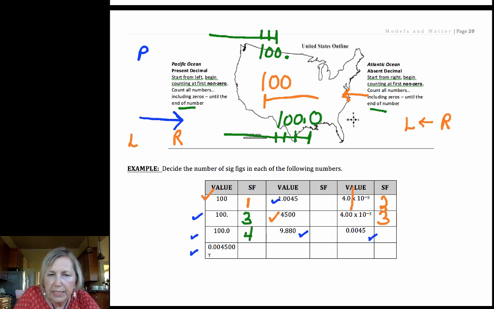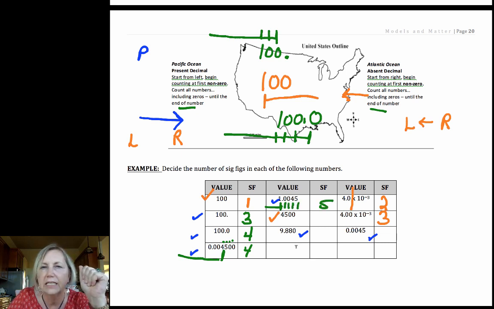Let's look at this number. Present decimal, so you start from the Pacific side. Don't start counting until your first non-zero, which is right there at the 4. Once you start, everything counts. 1, 2, 3, 4. So this has 4 significant figures. Present decimal, start at the Pacific side. 1, 2, 3, 4, 5. Once you start counting, everything is included. Absent decimal, start from the Atlantic side.